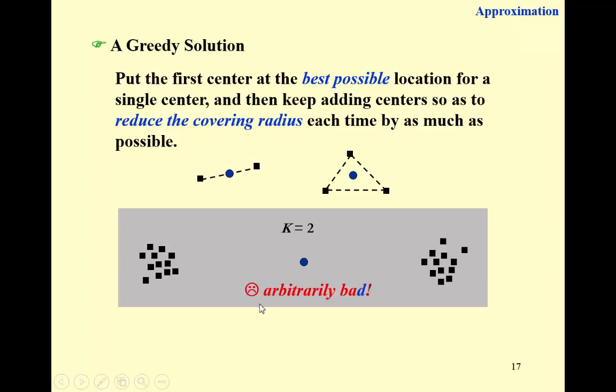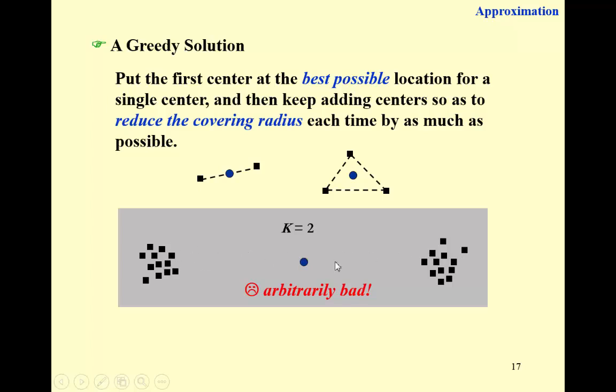And that will give us an arbitrarily bad solution, right? And for a situation like this, actually, if there are only 2 sites and we are asked to find 2 centers, the best solution is to take the 2 sites as the centers, right? Well, that gives us a hint.